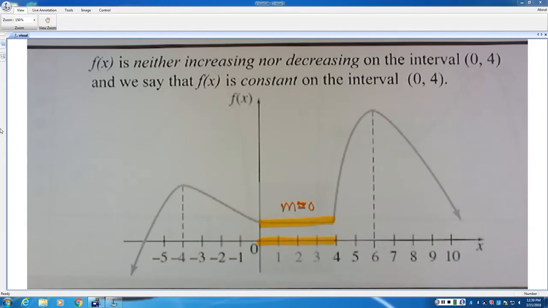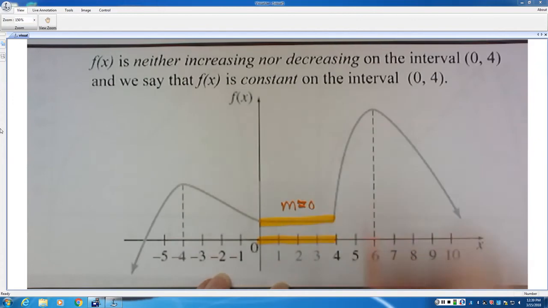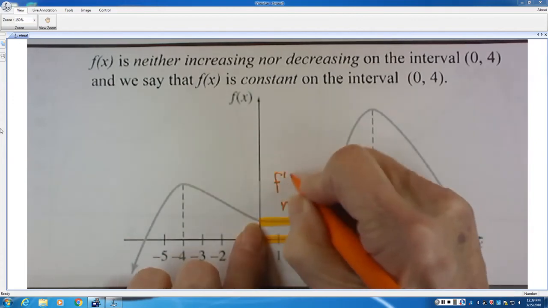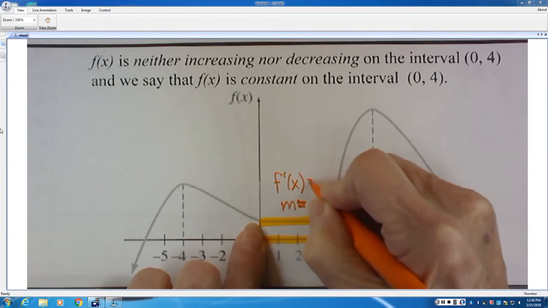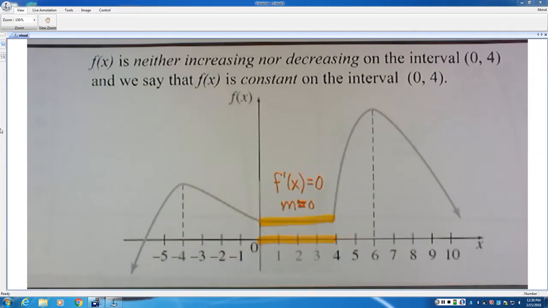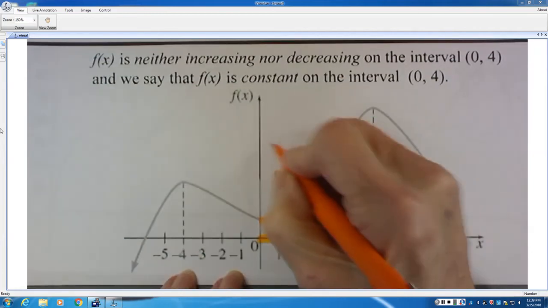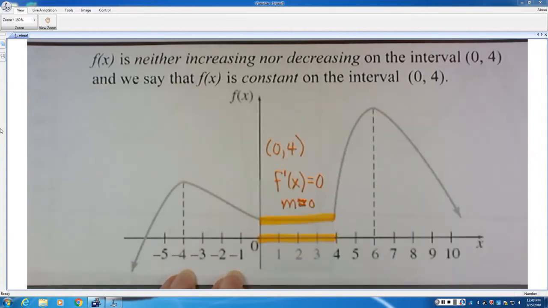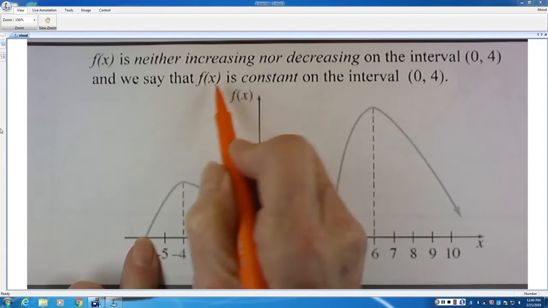Remember, we're talking about its slope, its rate of change. And because of that, all along that entire interval, the derivative is also going to be equal to 0 on the interval from 0 to 4. And we say that it's constant. Okay? The function is constant.